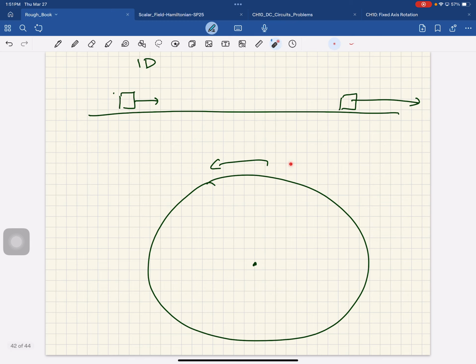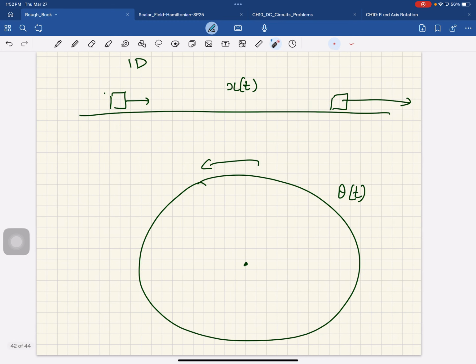At first blush, these two are not even related. They're very different motions. But what we have learned is that the equations describing these motions are very similar. To describe this motion, you needed this, and to describe this motion, you needed this. Indeed, they are cousins, and that's what this slide shows you.